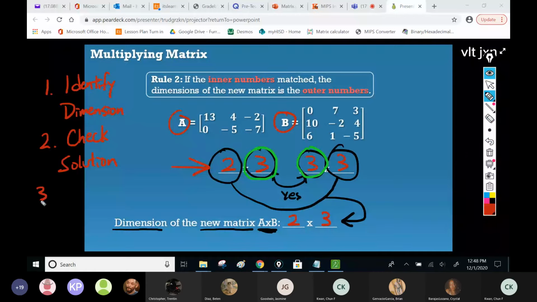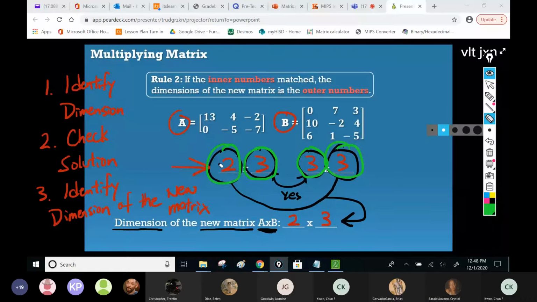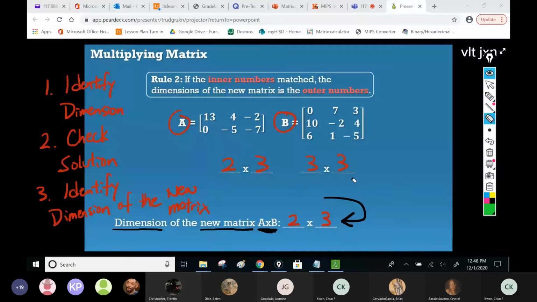In case there's a solution, you then have to figure out the dimension of the new matrix, which is given by the outer numbers.